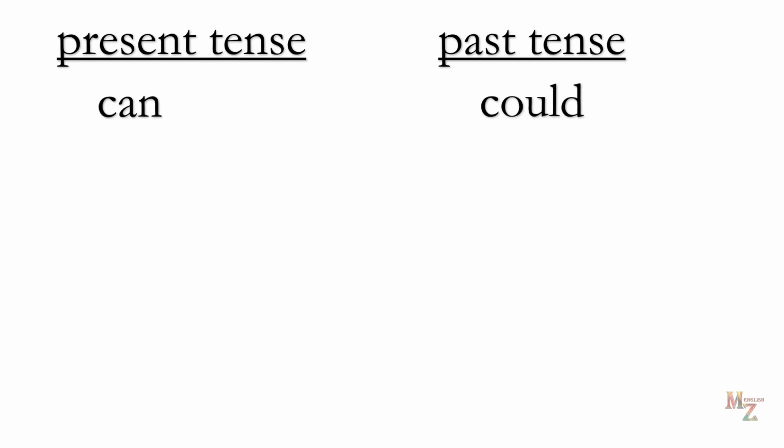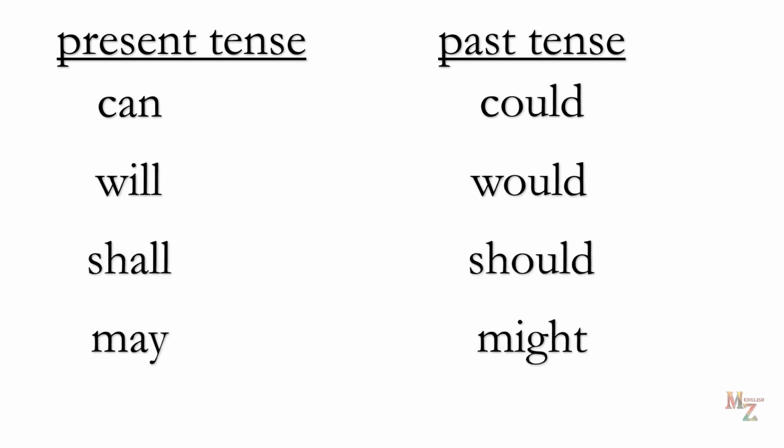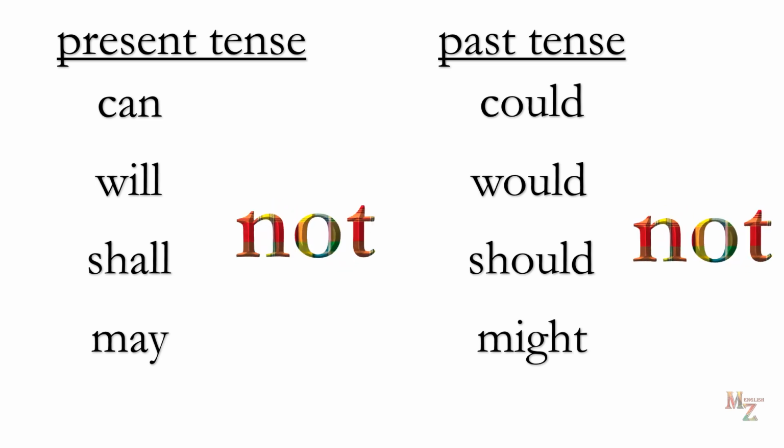Here are some verbs we have not yet seen in their present and past forms. We put the word not after them. Can, could, will, would, shall, should, may, might.